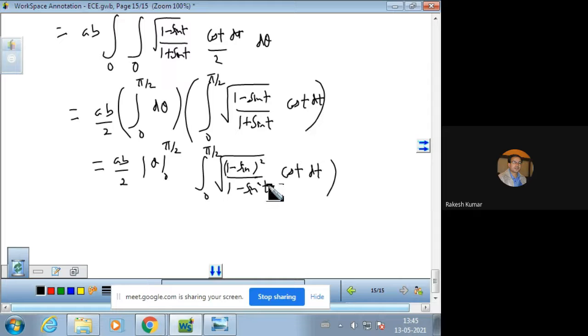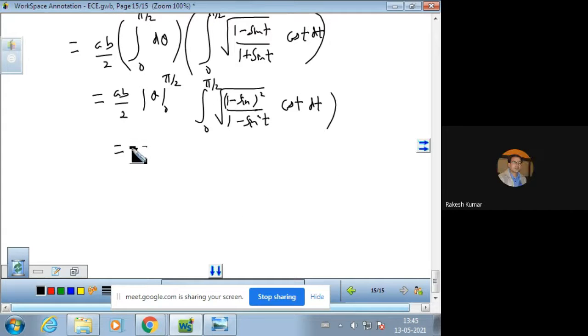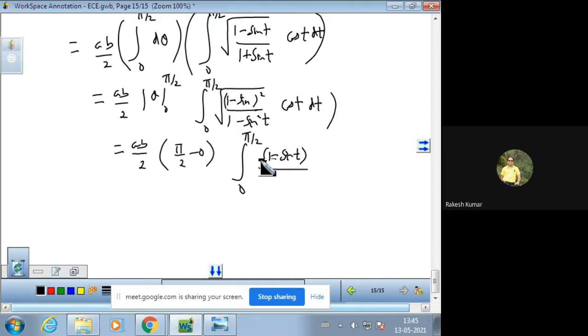This is a rationalization technique we have used. And this comes out to be AB upon 2 into pi by 2 minus 0. 1 minus sine t upon 1 minus sine square t is cos square t, and its square root will be cos t, into cos t dt.